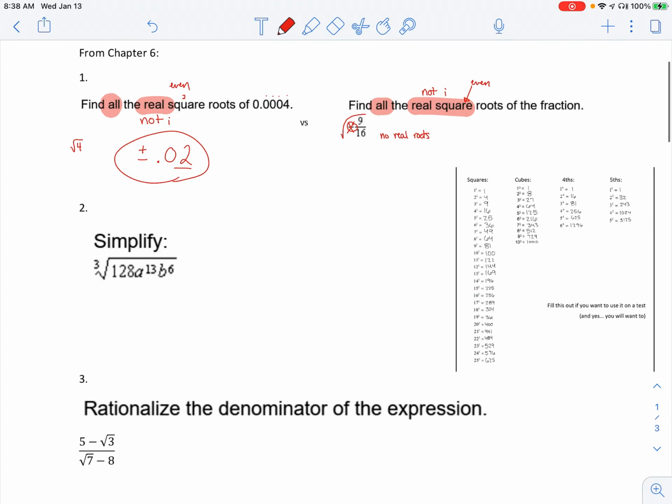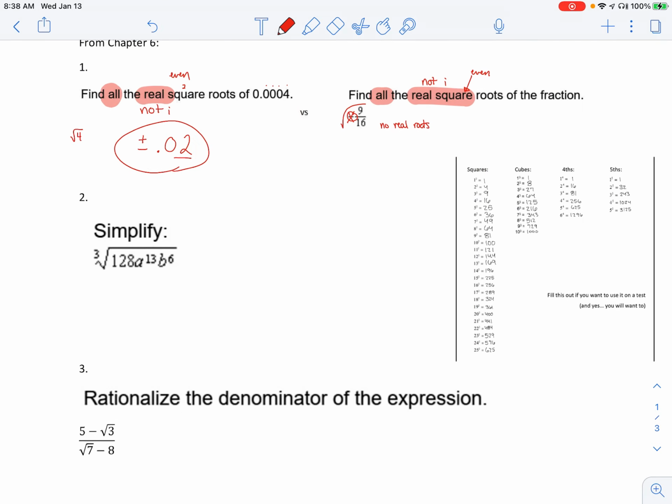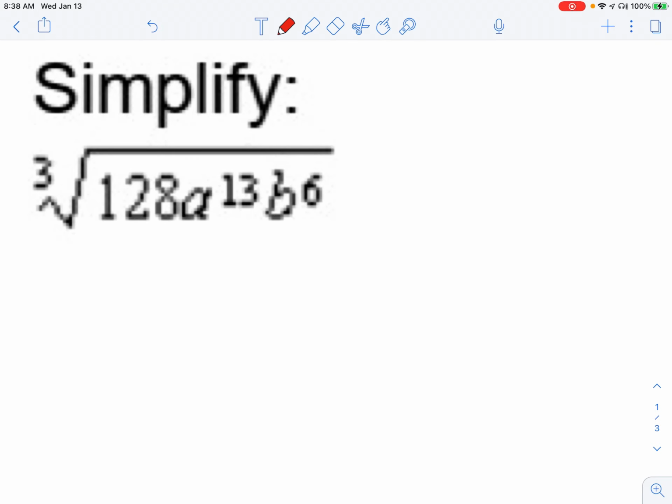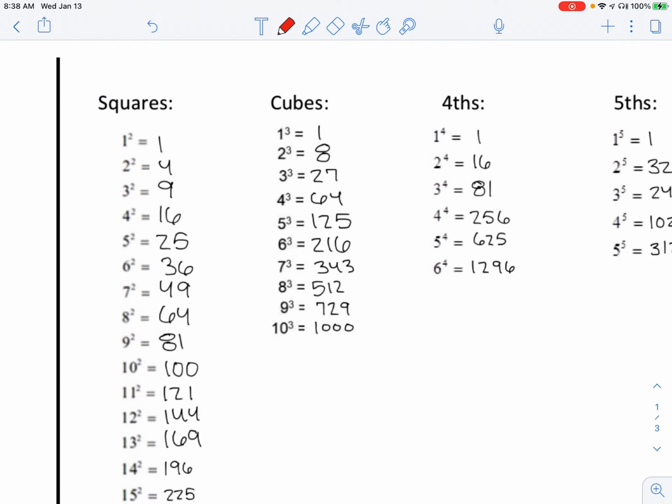Take a look at number 2, simplify the cube root of those items. So let's look at my list. We're going to hope that we see 128 on our list, although I know we're not going to see 128 when we go over here to our cubes. So I'm going to try to divide by anything underneath of 125 because I know 125 isn't going to go in there. So I'm going to divide by 64.